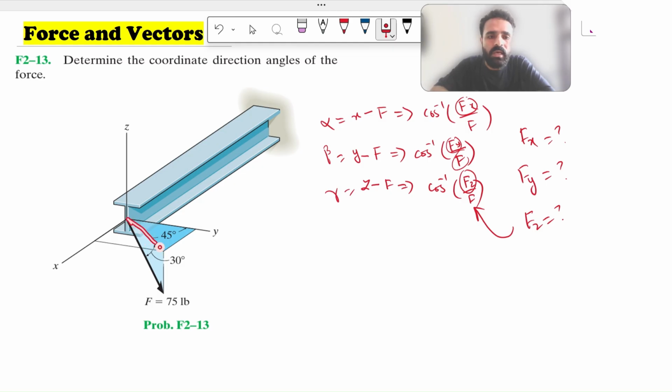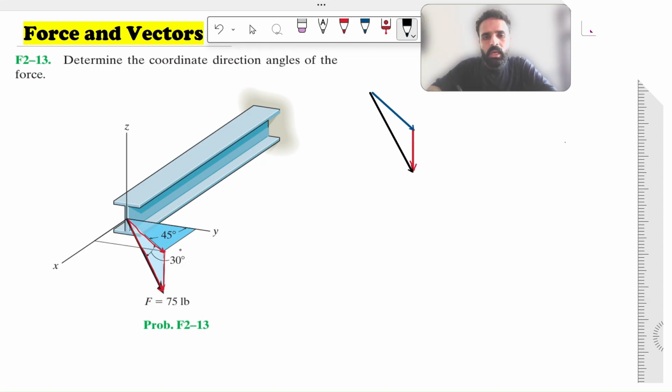So first I will be drawing this triangle here. I have drawn this figure. You can see that this force is F, which is 75 pound, and this blue force is the projection of this force along the xy plane, and this side is Fz. Why? Because this side is parallel to the z-axis, so it represents the z component of this force.